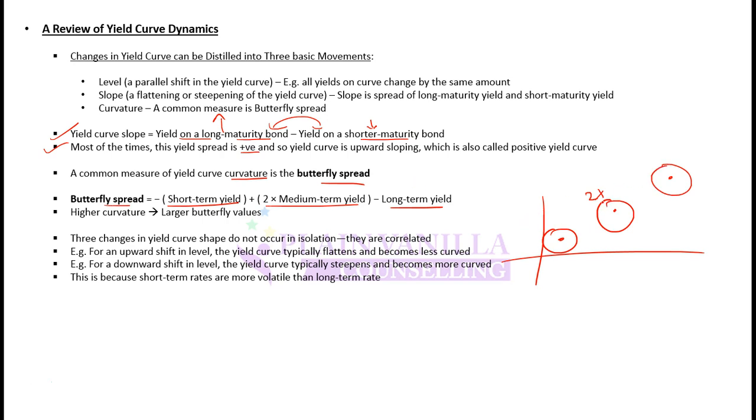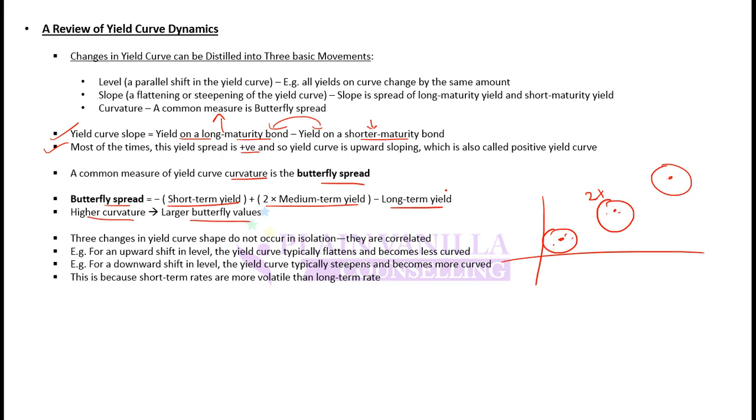So effectively you are multiplying the medium by 2 and subtracting the long and short. This will tell you the butterfly spread, and it will tell you how curved your yield graph is. Higher curvature, larger butterfly. So if this is giving you a higher value, that means it is more curved, and if it is giving you a lower value, that means the difference is lower, so that will be less curved.